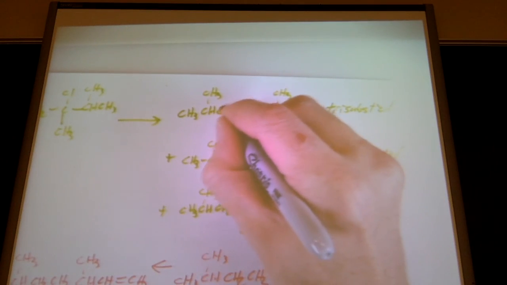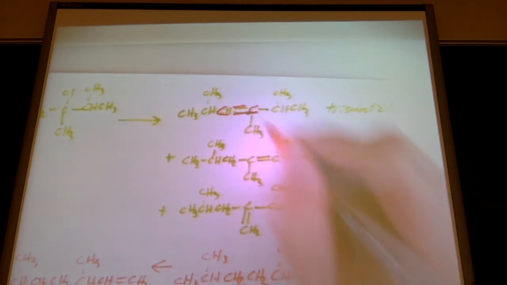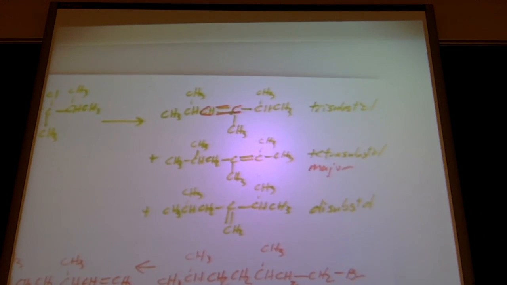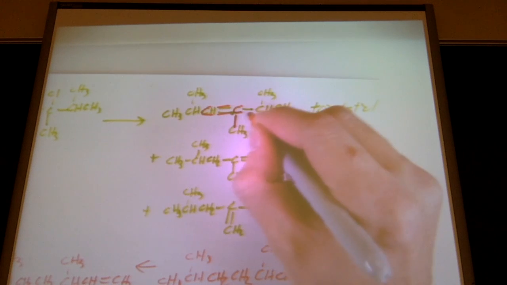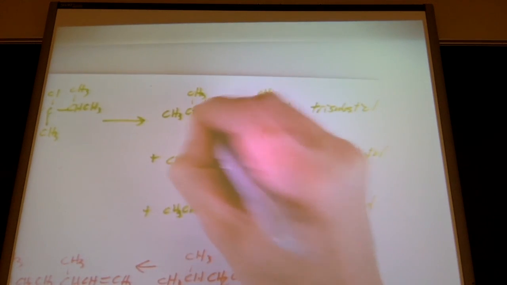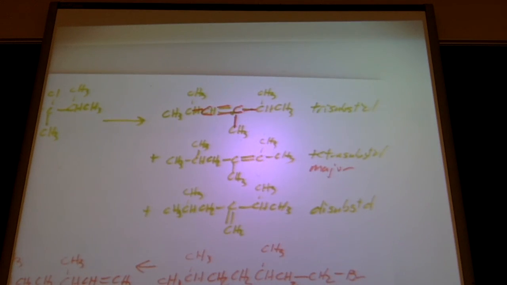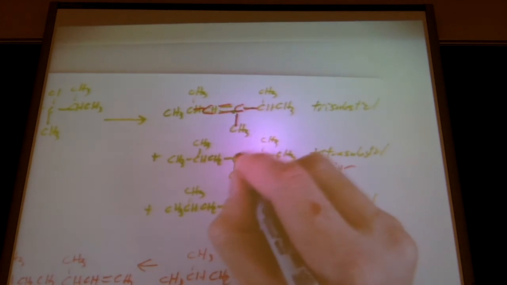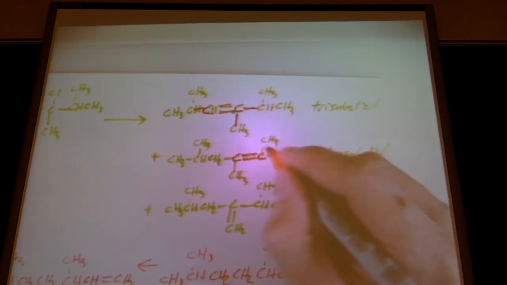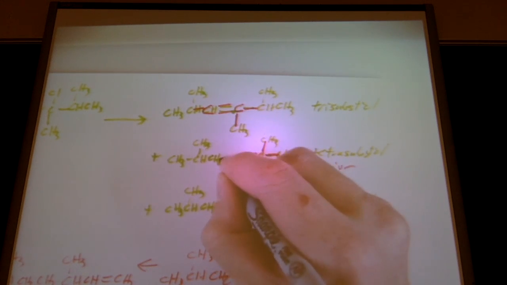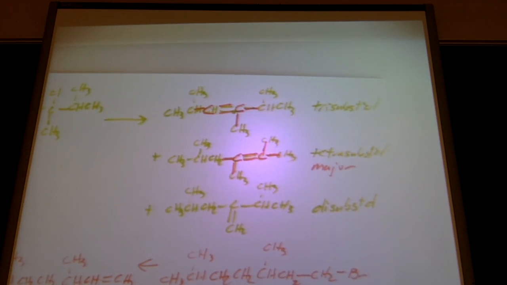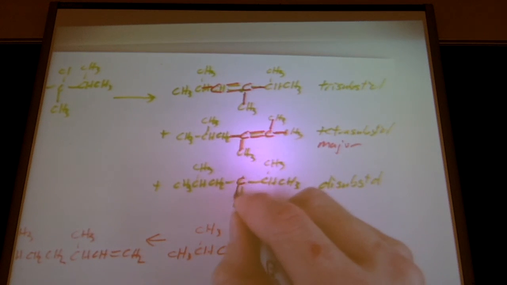So I'm looking at my C double bond C, and how many other carbons are attached to that C double bond C. So here I have one carbon attached, two carbons attached, three carbons attached. Tri-substituted. Again, looking at my C double bond C, one carbon attached, two carbons attached, three carbons attached, four carbons attached. Here's C double bond C, one carbon attached, two carbons attached.